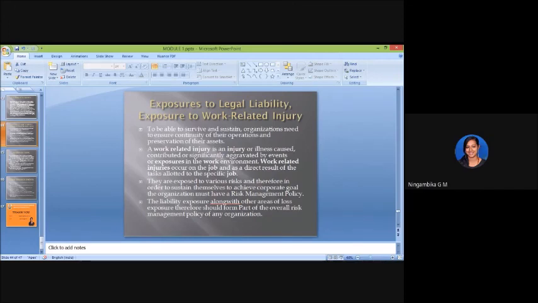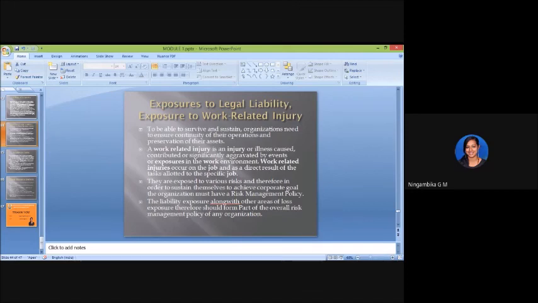In order to control these work-related injuries, the best platform is again going for health insurance. Organizations are exposed to various risks, and therefore, in order to sustain themselves and achieve corporate goals, they must have a risk management policy with a strong commitment that if a risk happens, they can provide some kind of benefit to the employees, such as for a work-related injury.